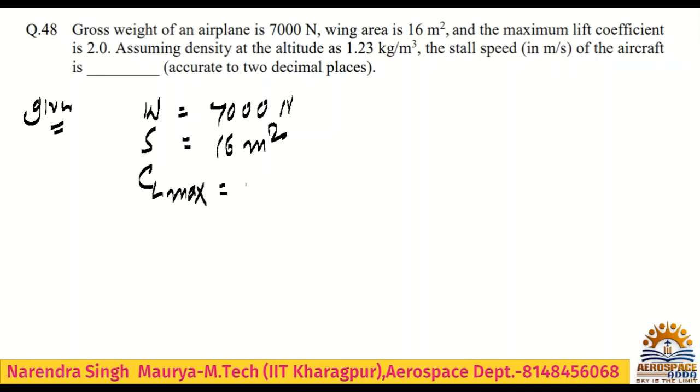It is 2.0. Assuming density at altitude, that density is also given, 1.23 kg per meter cube. They have asked the stall speed. What is the stall speed for the aircraft?